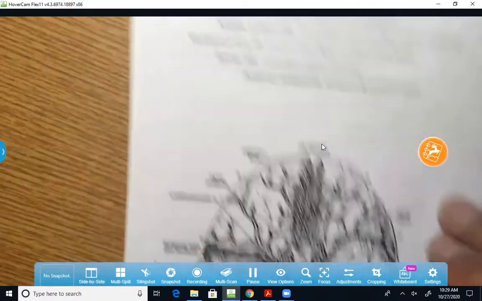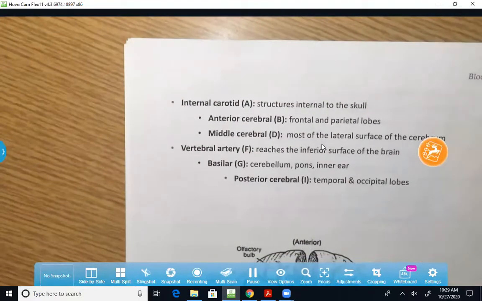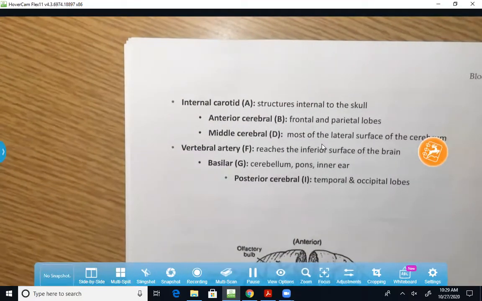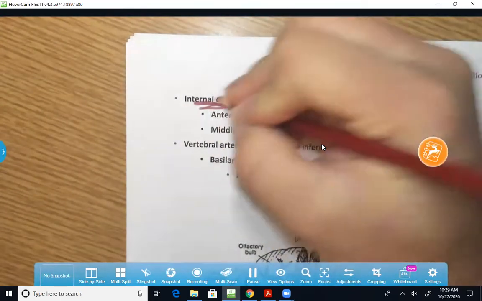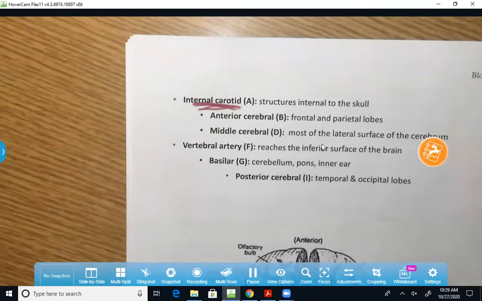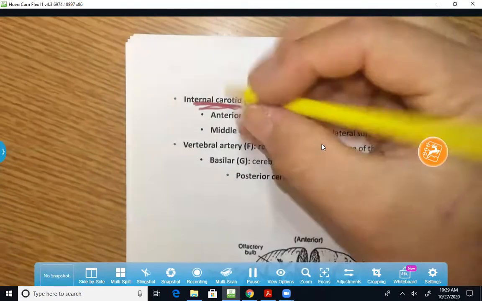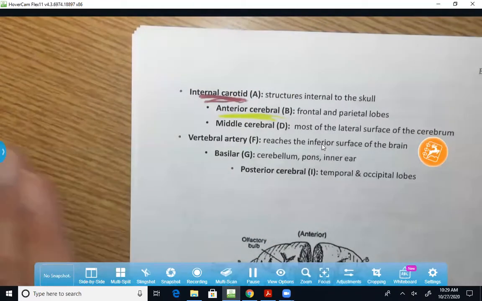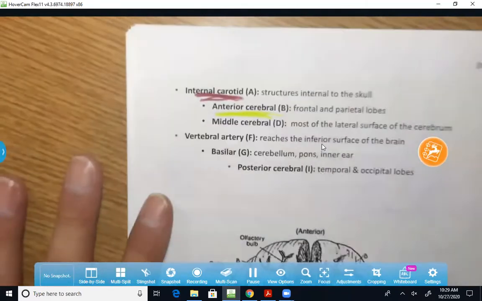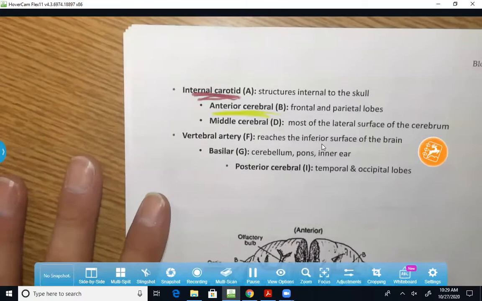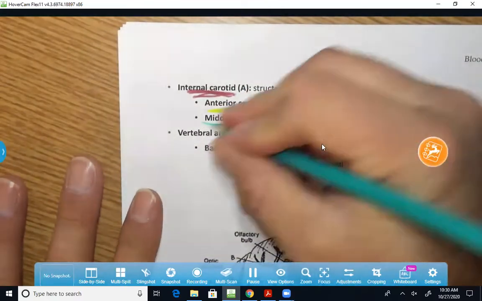Okay. So two sets of blood vessels that feed our brain include your internal carotids that we just talked about, which run up from the common carotid. Coming off your internal carotid is an anterior cerebral. A couple of them actually. There's two of them. And then two middle cerebrals.